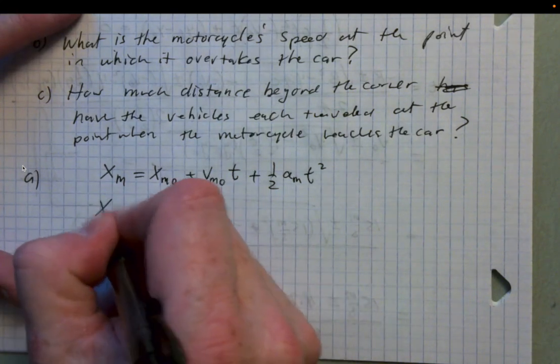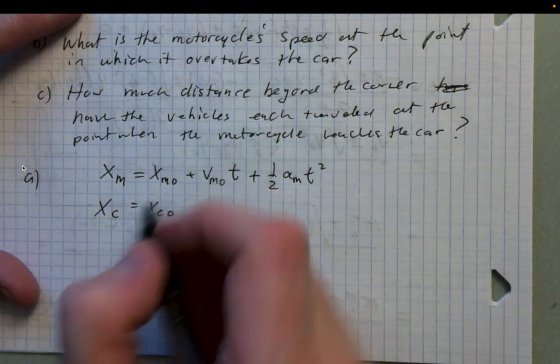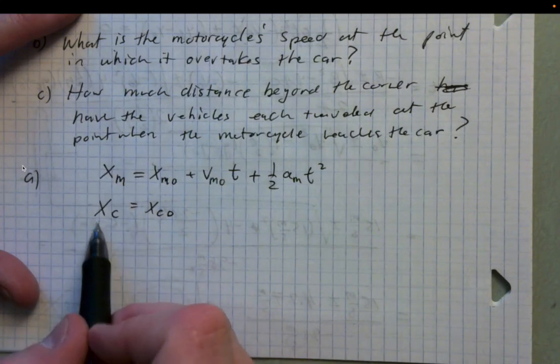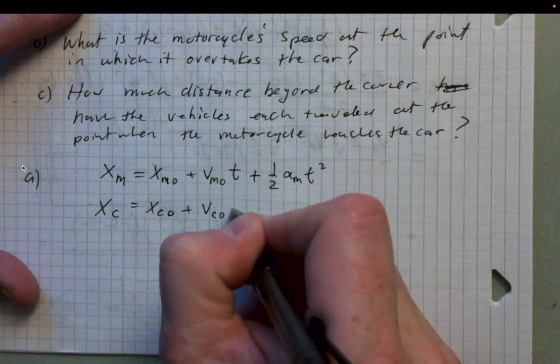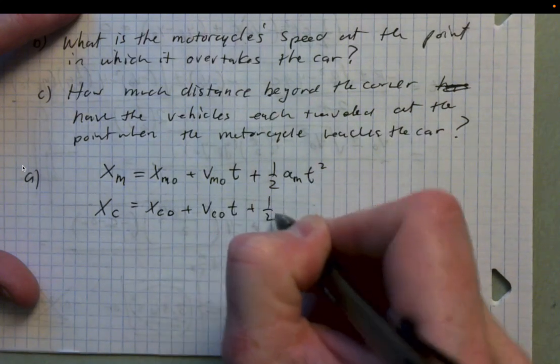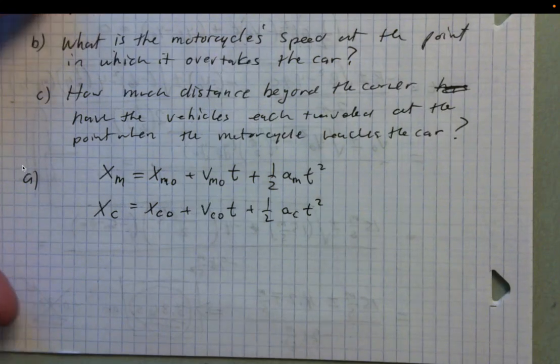You've got the same kind of thing for the car, right? So the position of the car is equal to the initial position of the car plus the car's initial velocity times time plus 1/2 of the car's acceleration times time squared. Okay, so you've got these two expressions.